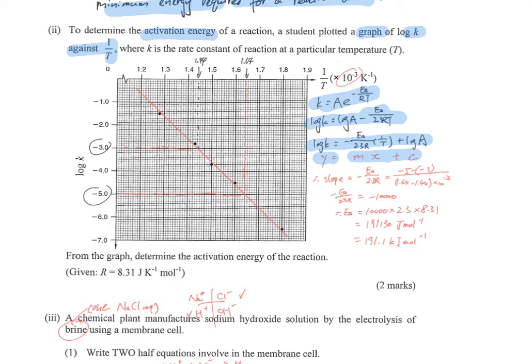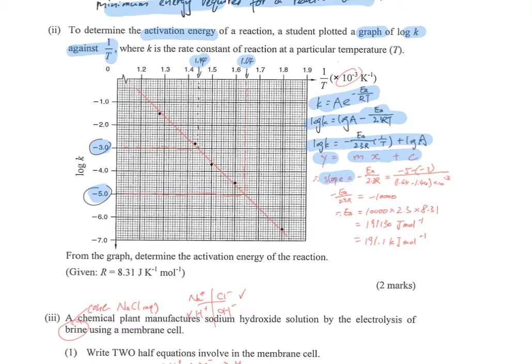Then by drawing the straight line on the graph along the points, we can find two coordinates. These two coordinates I have found for you. Then we find the slope by using y2 minus y1 divided by x2 minus x1, right?